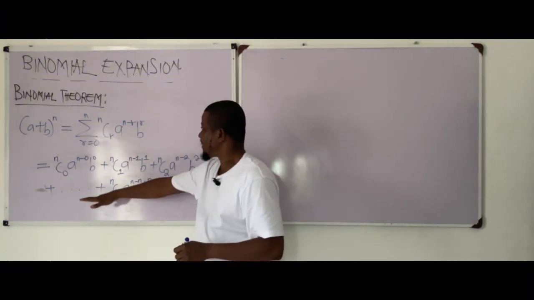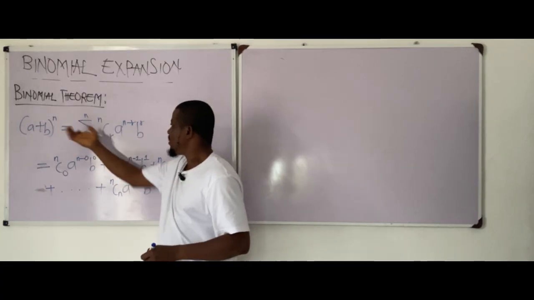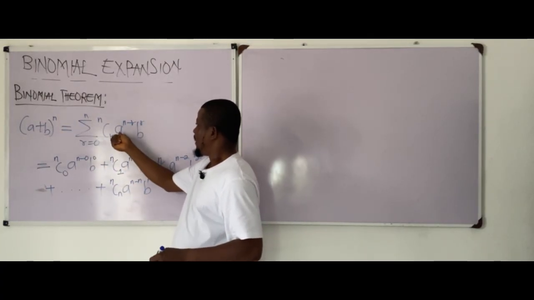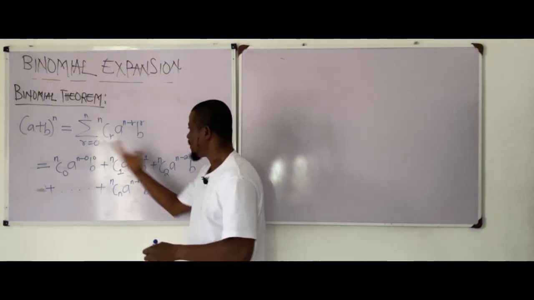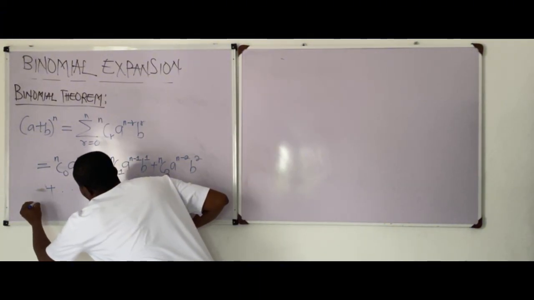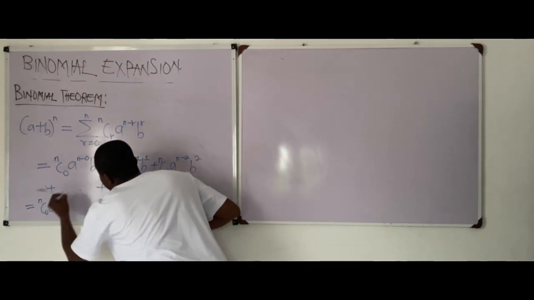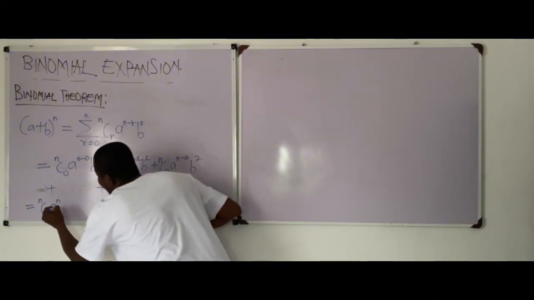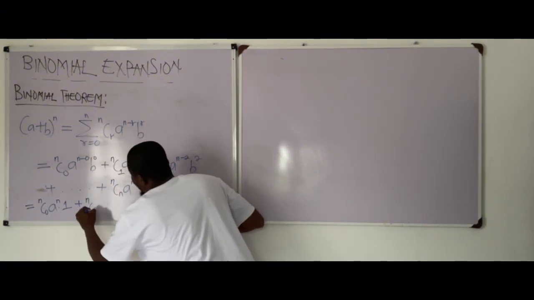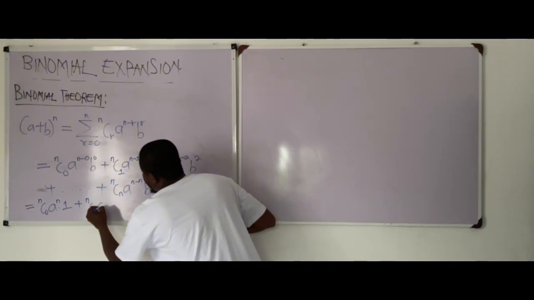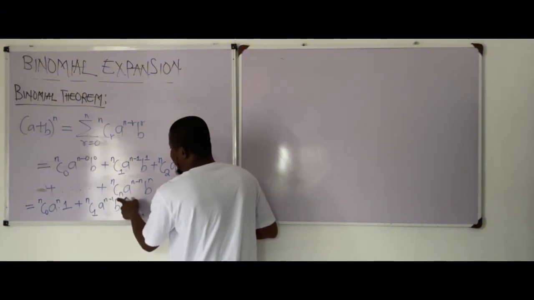So this is just the expansion of every binomial expression: a summation of n combination r, a raised to power n minus r, b raised to power r, where r goes from 0 to n. Now, if we simplify this, it gives us n combination 0, a raised to power n minus 0, which is a to the n, and b raised to power 0 is 1, plus n combination 1, a raised to power n minus 1, b raised to power 1, and b raised to power 1 is b.